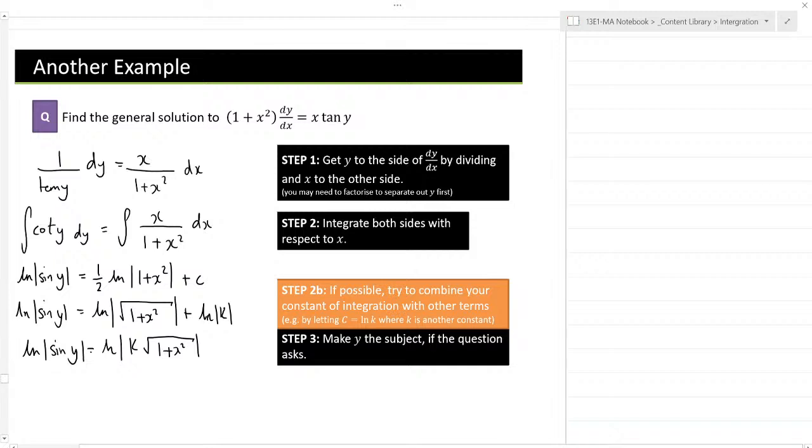So then I can cancel those ln's on both sides. And I end up with sine of y is equal to k root 1 plus x squared. And then the final little stage is to get rid of that sine, so it's going to be sine to the minus 1 or arc sine. So y is equal to sine to the minus 1 of k root 1 plus x squared.